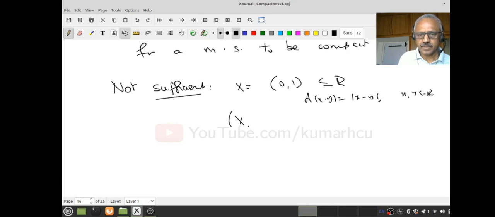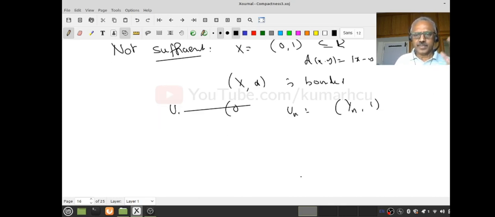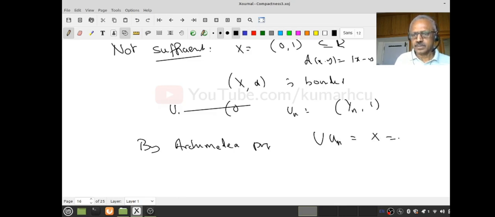Therefore (X,d) is bounded. But it's not compact because we had already seen, if I take U_n equal to (1/n, 1), again by Archimedean property, the union of U_n equals X, that is (0,1).